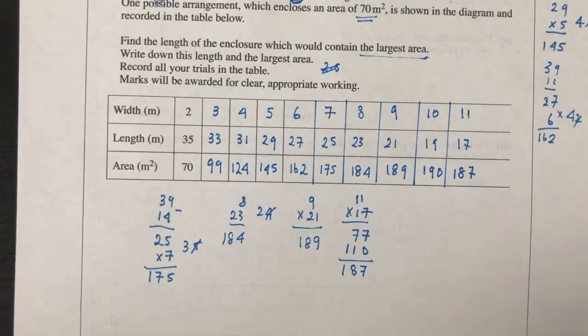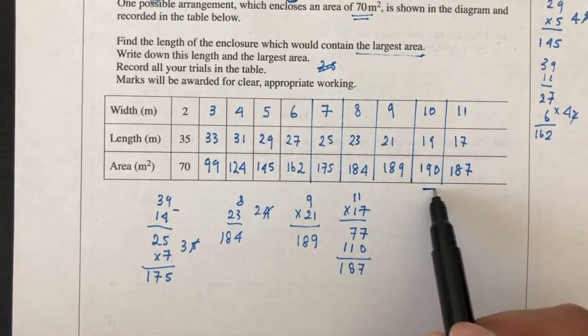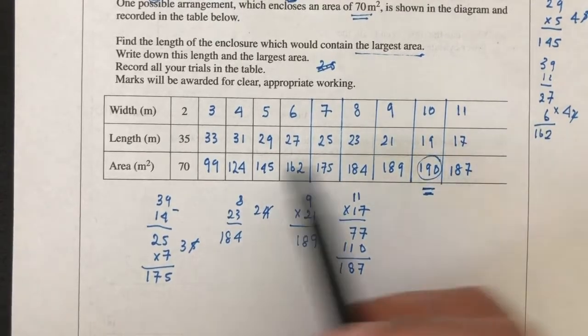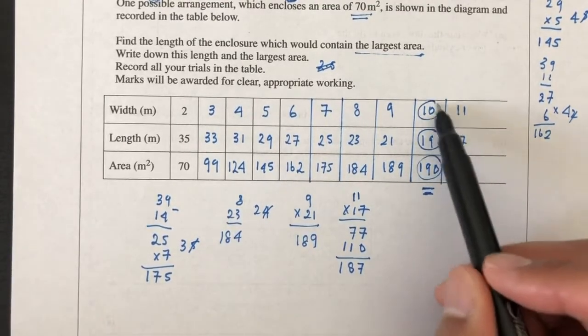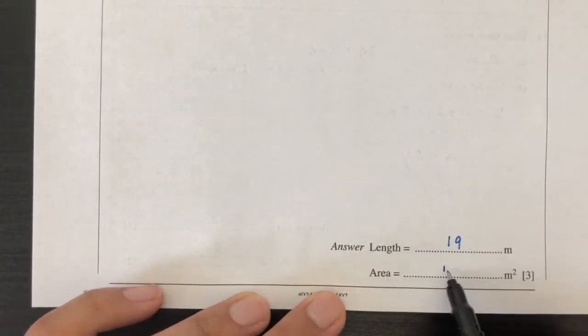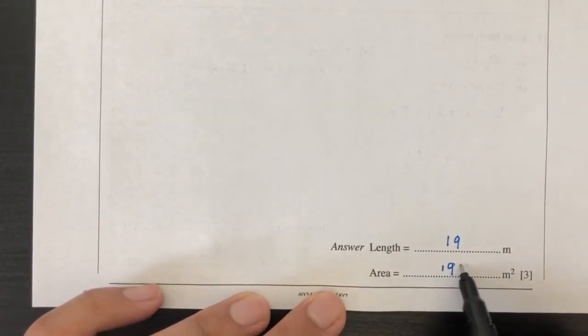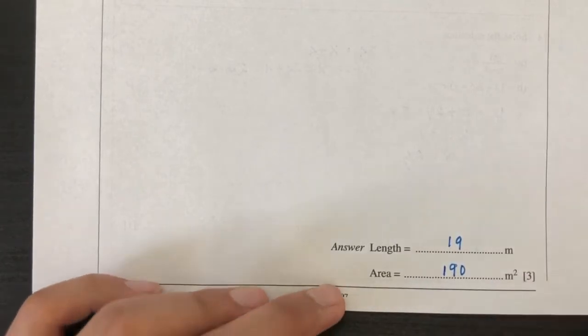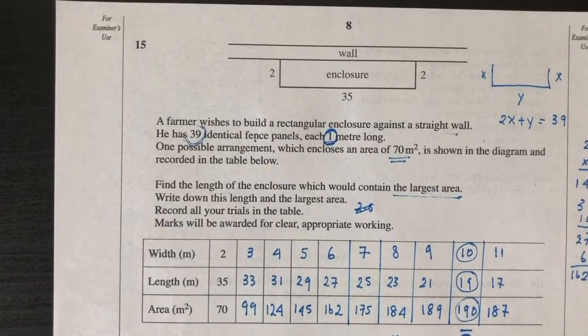Okay, so I think we found our value for the max area. The area is 190 and the length is 19. Yep, that will be question number 15.